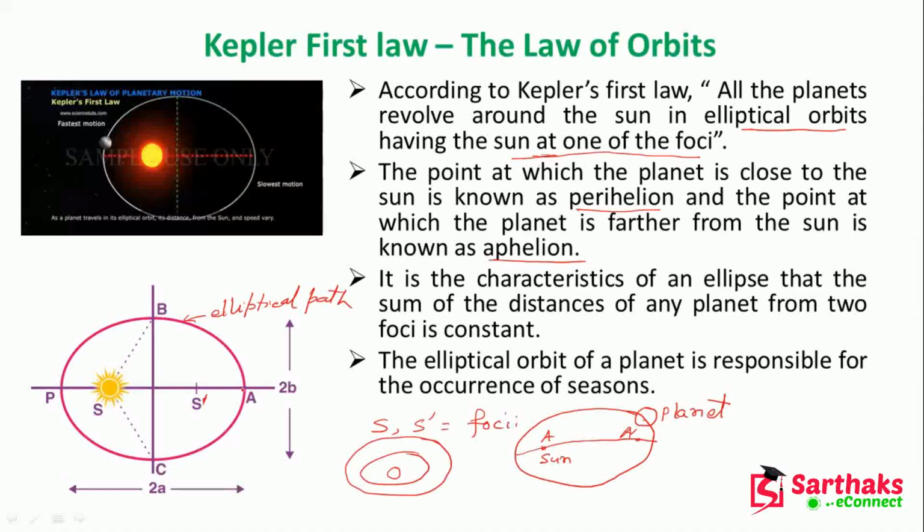And the characteristic of the ellipse is that the sum of the distances of any planet from two foci is constant. The elliptical orbit of the planet is responsible for all the seasons we feel here.